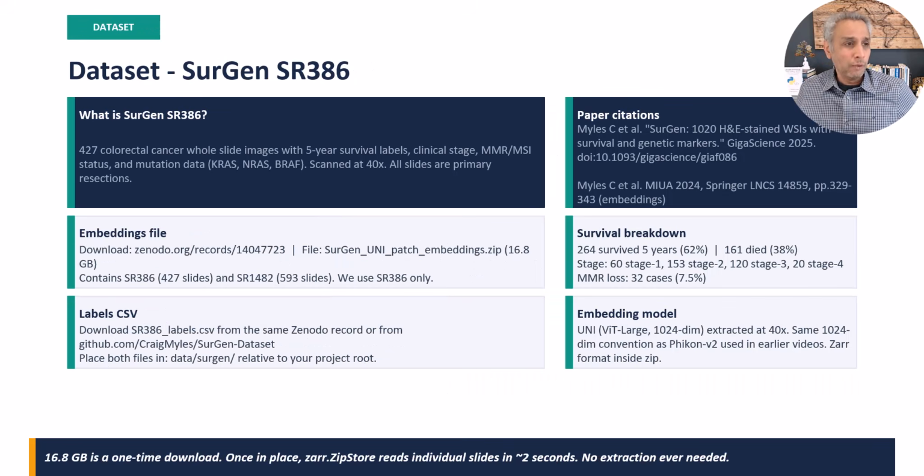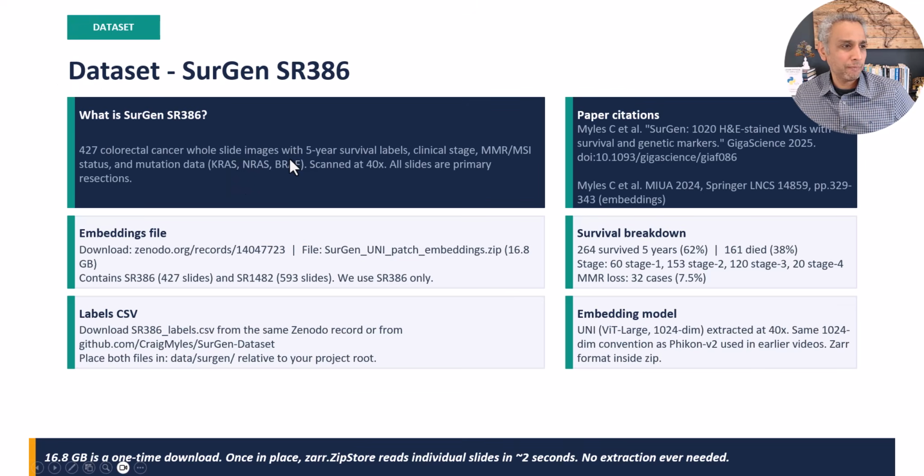Okay. Now, in terms of the dataset, we are going to download the SurGen SR386 dataset. This is a 427 colorectal cancer whole slide image dataset, scanned at 40x. In the previous tutorial 5A, we looked at a 20x dataset, and that's why we had about 4,000 total tiles.